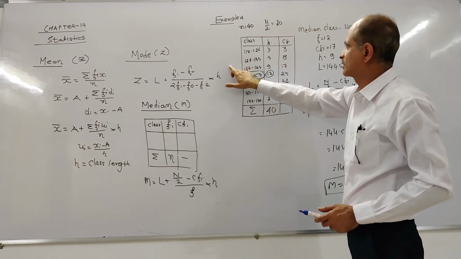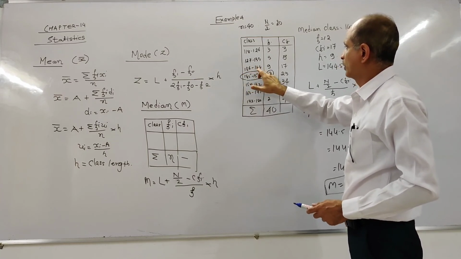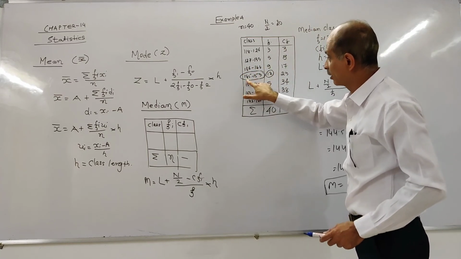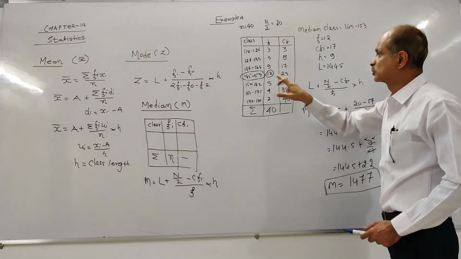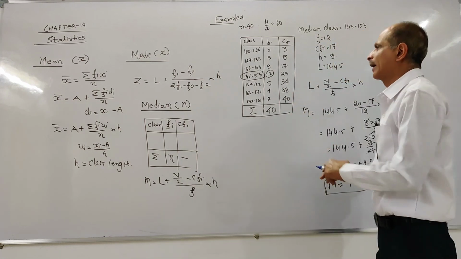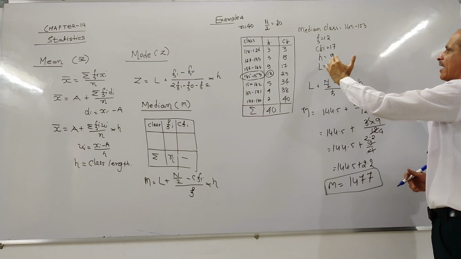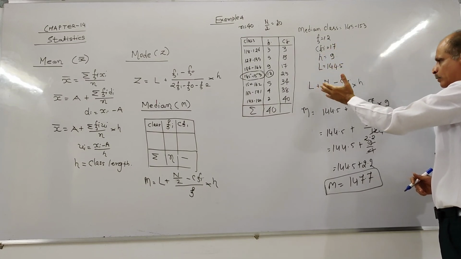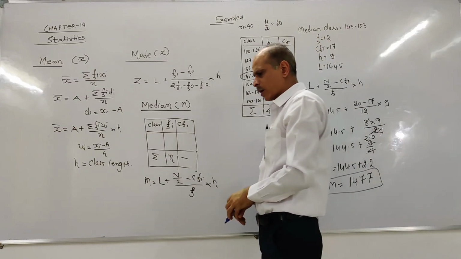Here you get 126.5, 135.5, 130.5 to 144.5. Similarly, here also you get 144.5. So your L is not 145, but 144.5. Then we found the values of L, H, CFI, F, put the values in the formula, and found the median of the data.